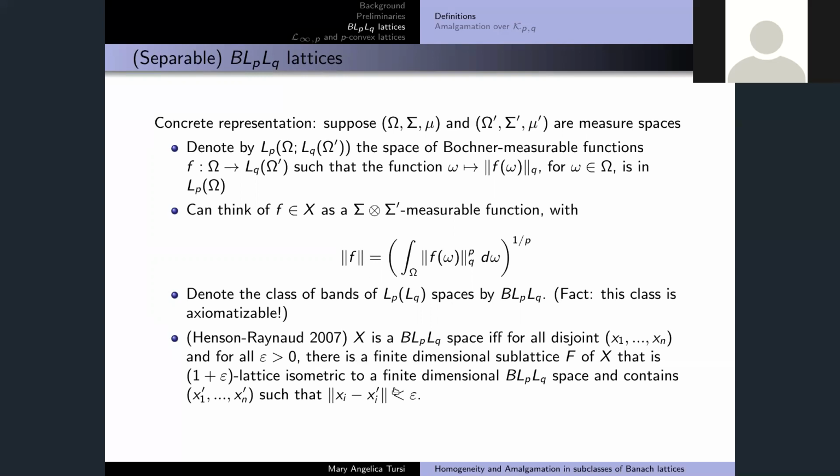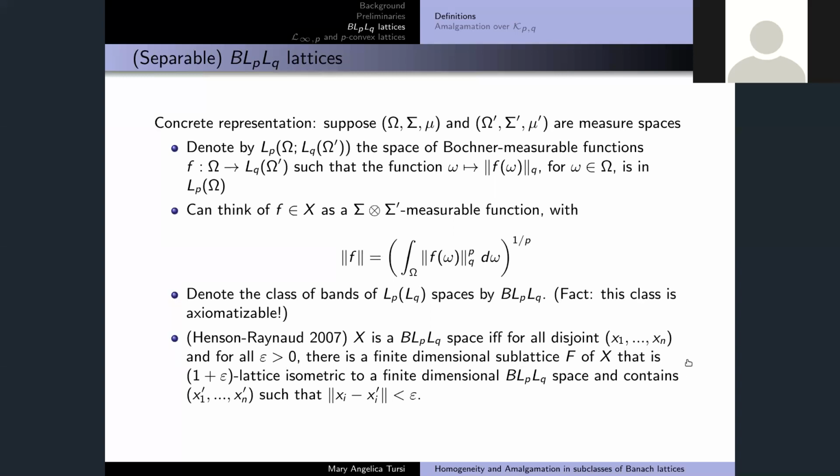Now, one fact about these is that these BLP LQ spaces can, in some respects, be approximated by finite dimensional versions of themselves. So if you have X a BLP LQ space, I can take any disjoint elements x1, ..., xn, disjoint in the lattice sense, and any epsilon greater than 0, and I can approximate the lattice generated by these x1, ..., xn.